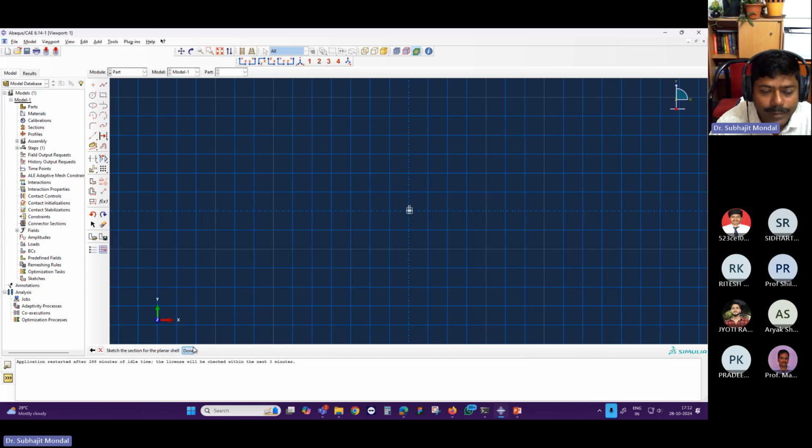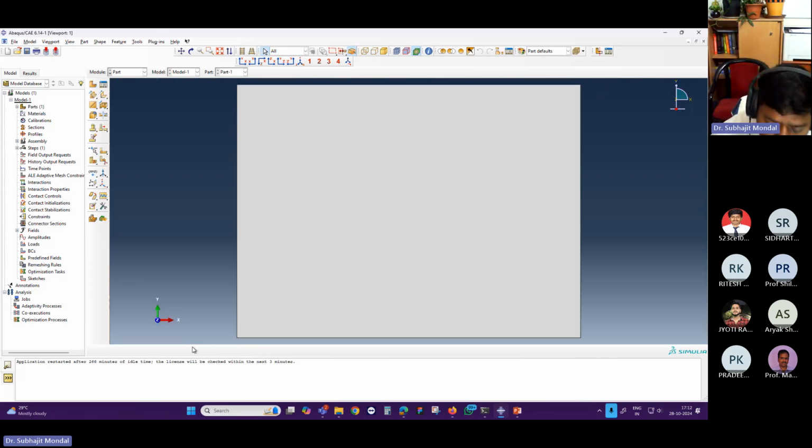Whenever you are modeling it, you should make sure about the unit. Many times students make mistakes in the unit systems. If you're providing the length unit as meter, then your density should be kg per meter cube.